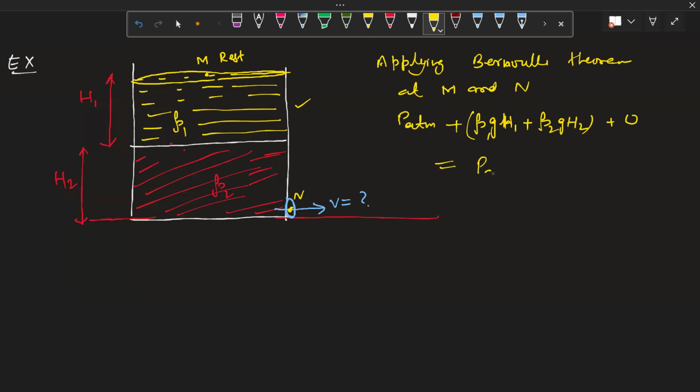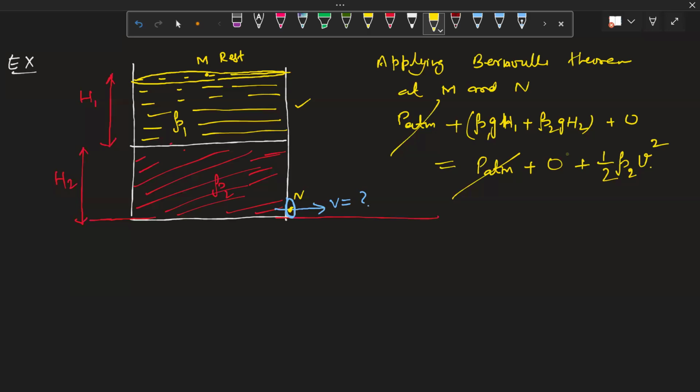So pressure will be atmospheric. No potential, because this we call as the reference line. And kinetic. Now, which liquid is coming out? Rho 1 or rho 2? So rho 2 is coming out. Okay, rho 2 is down, it is coming out. So kinetic energy will be with rho 2 only. Half rho 2 V square.